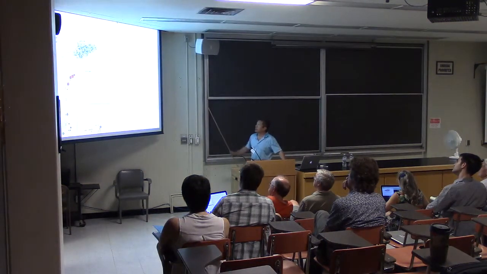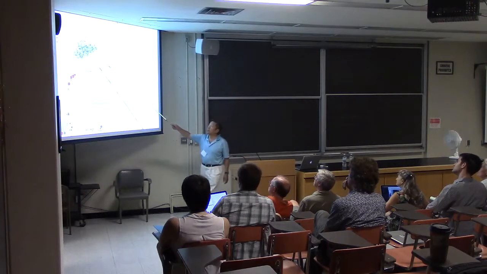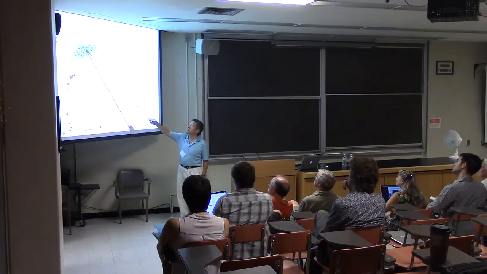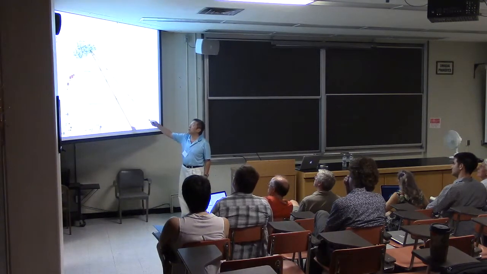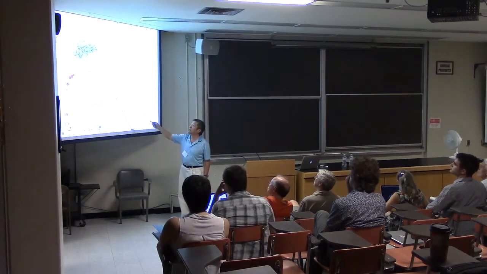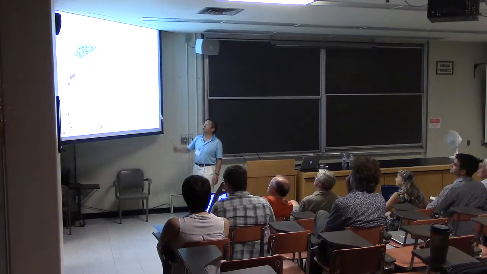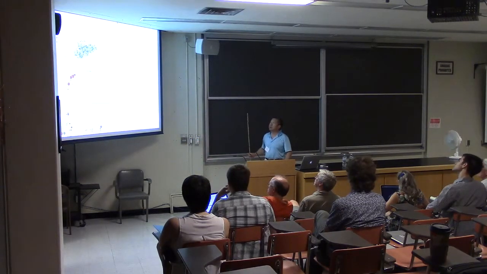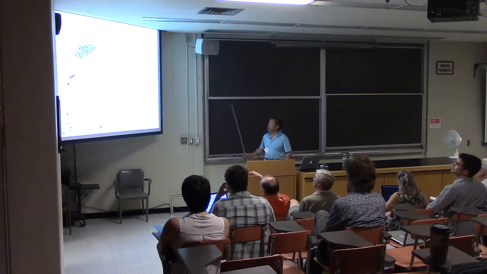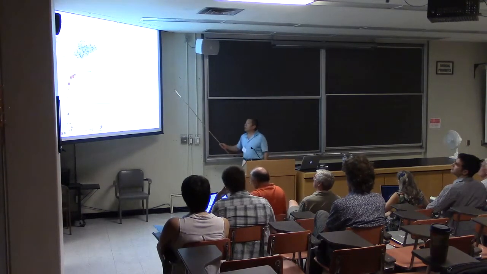Furthermore, many of them are in multiple systems. For example, here, the yellow dots represent those in 4 planet systems, and the red dots have 6 planets, and there are many more new ones that have been discovered. So planets commonly exist all over the place.